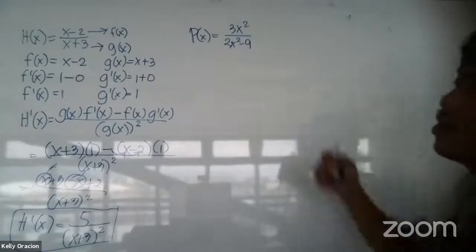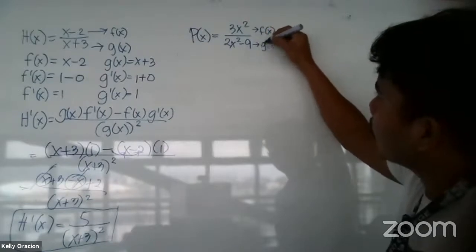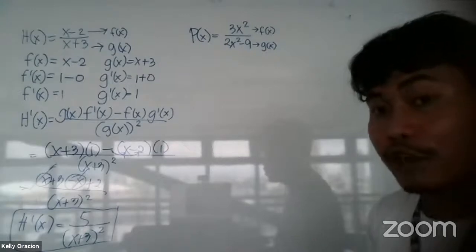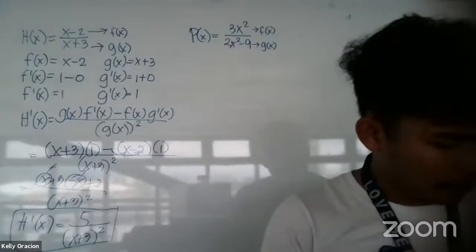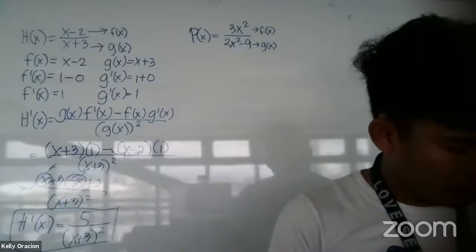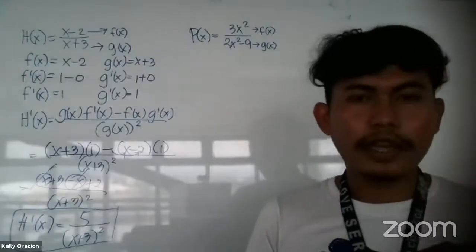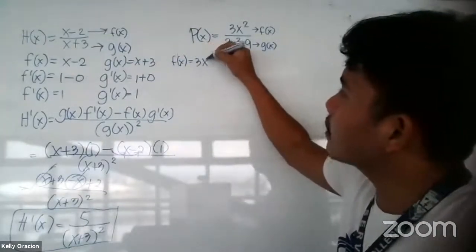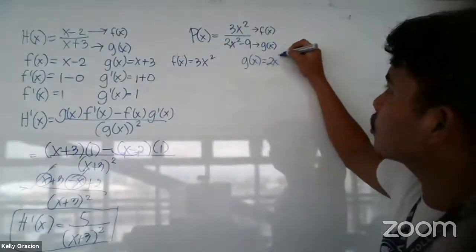So, your numerator is f of x, your denominator is g of x. Okay, next. F of x, 3x squared. G of x, 2x squared minus 9.